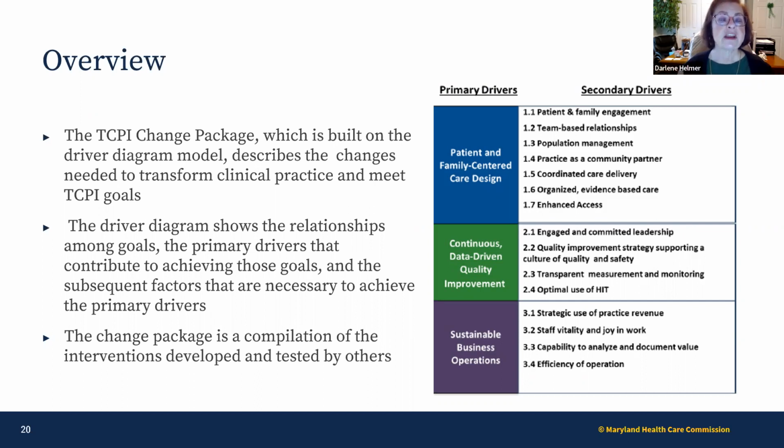So when we look at this change package, it's built on this driver diagram. And these are the changes that are needed for the TCPI goals for this program. If you look at this column, patient and family-centered care includes patient and family engagement, those surveys, team-based relationships, just what we were talking about with referral management, population management, those high-risk patients, and the practice as a community partner, making sure that you're involved in your immediate community.